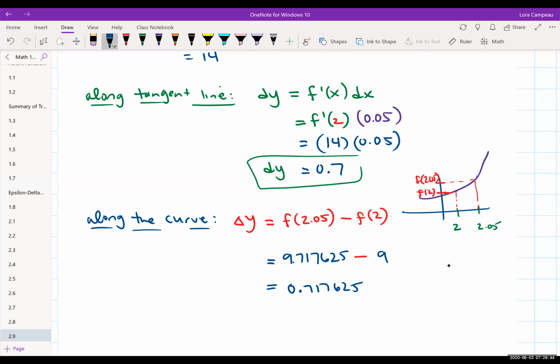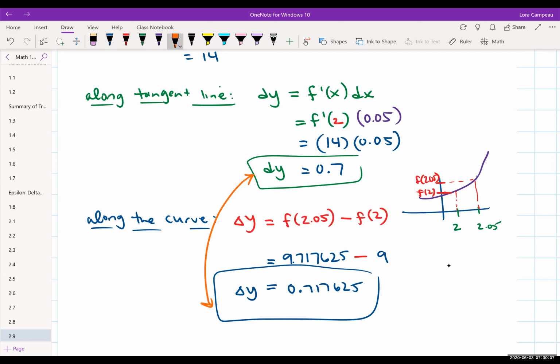And actually, we have just calculated our delta y. And the idea behind this whole differential business is to play around with, if you compare these values, dy versus delta y, check it out. They are very close.